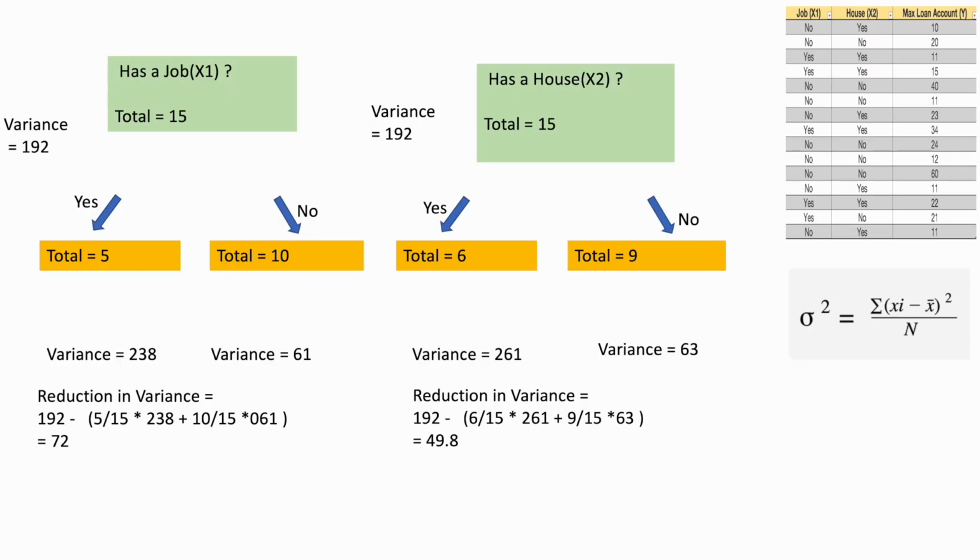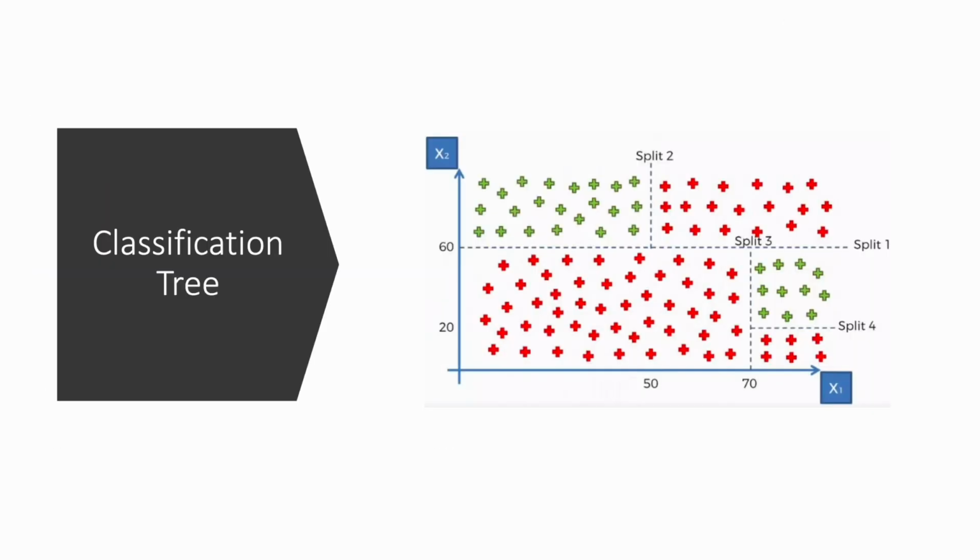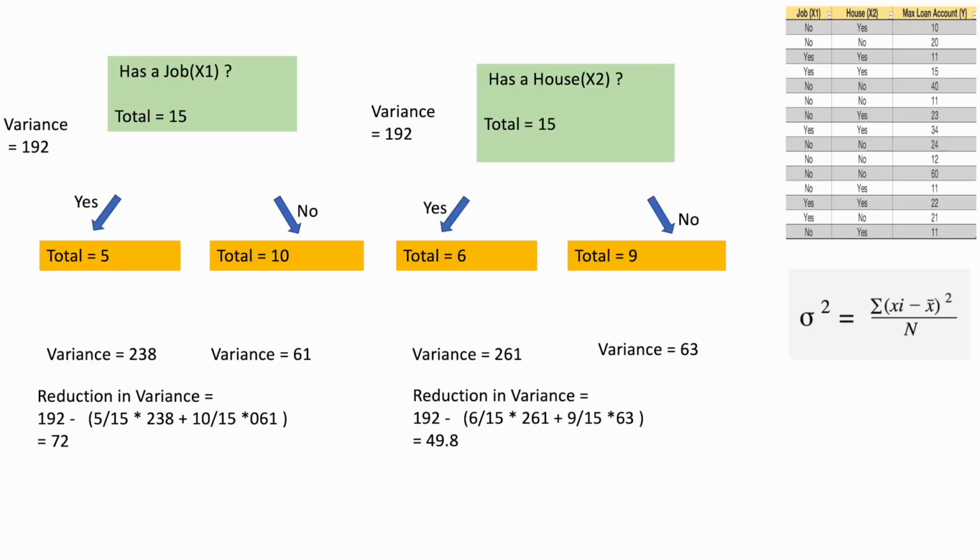Now, one thing to look at is how do you do prediction? Now we have scikit-learn packages and all which will do the predictions, right? But intuitively, if you are creating a decision tree by hand, how will we do the prediction?